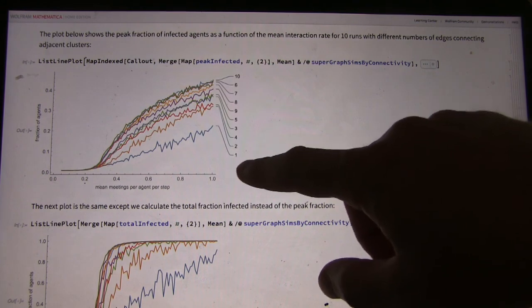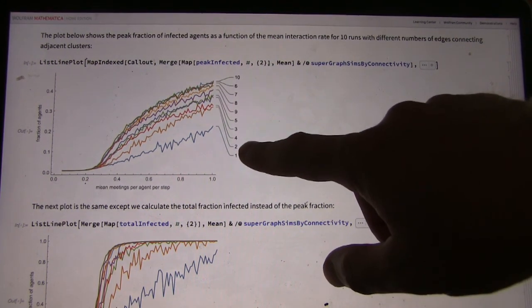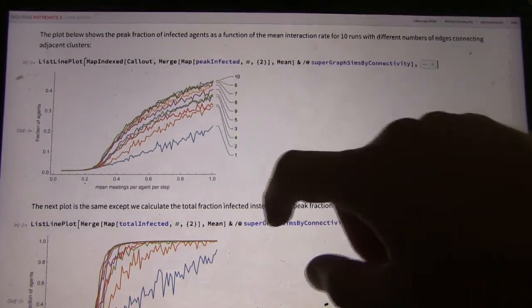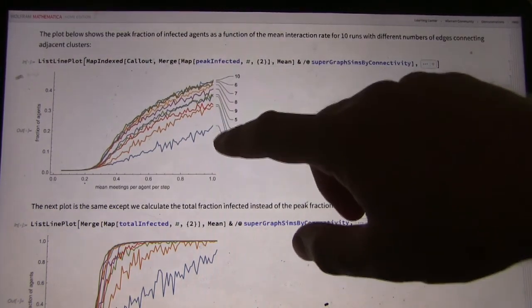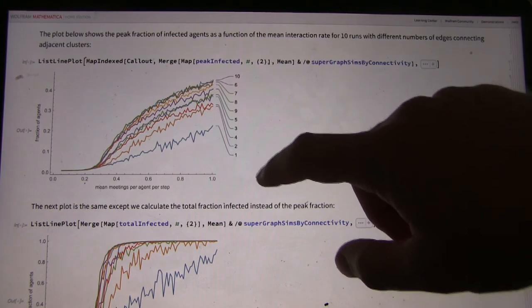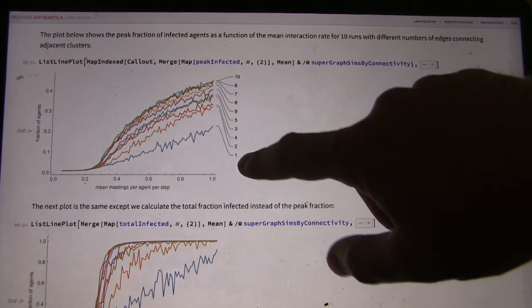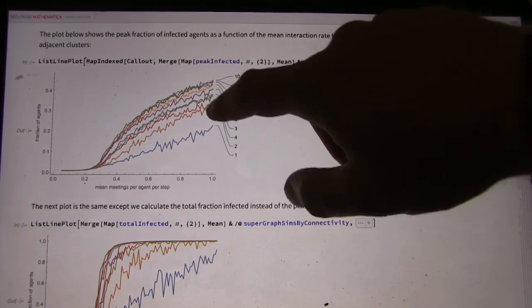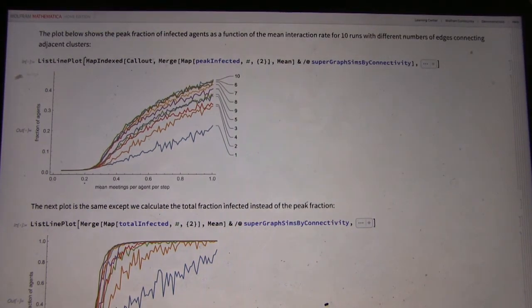But like we saw in the last example, even with two connections in between, it jumped up. In fact, and this is a linear plot, so even jumping from 1 to 2 was basically as much as going from 2 to 10. Yeah. It's pretty surprising, neat.